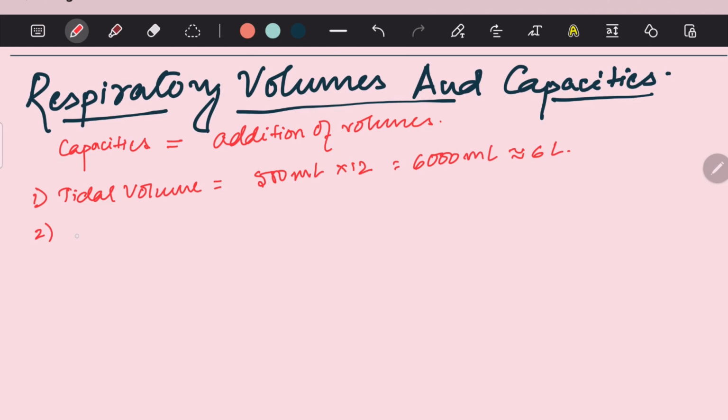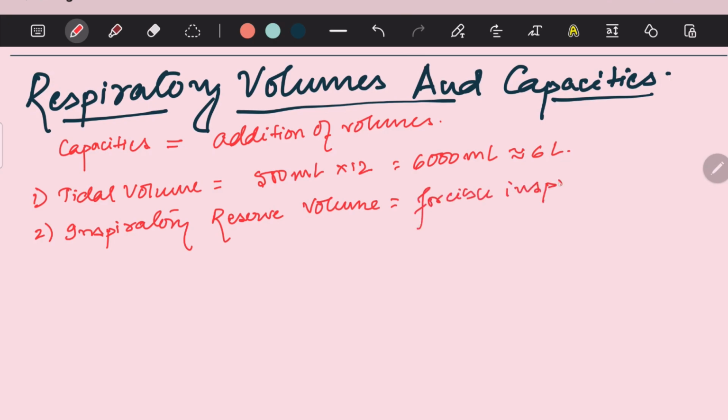Secondly, we have something called the inspiratory reserve volume. Inspiratory reserve volume is the additional volume of air a person can inspire during a forcible inspiration. This is the amount of air which a person can inspire additionally, that is, apart from the tidal volume.